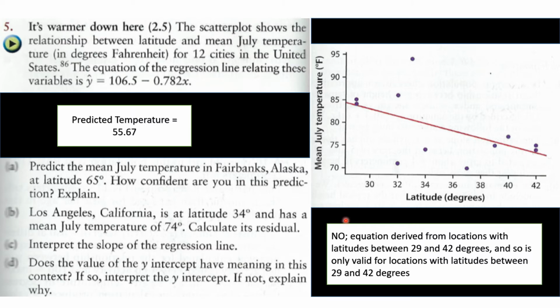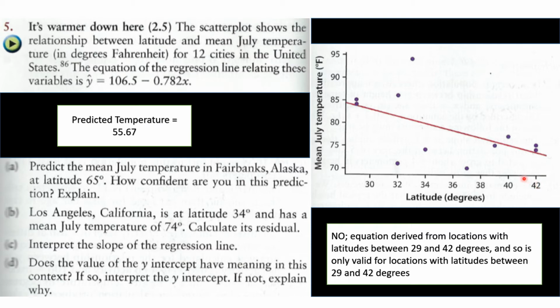So we're actually not going to be confident. The reason is that the equation is derived from these 12 cities. These 12 cities give the data that we use to derive this equation. Now the latitudes of these 12 cities have a minimum of 29 degrees and a maximum of 42 degrees.